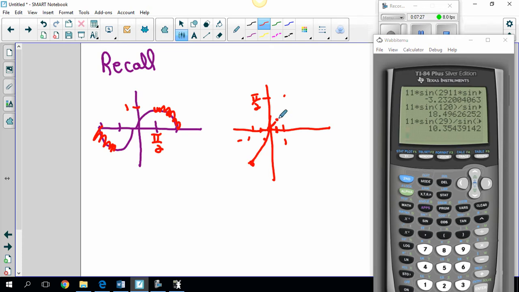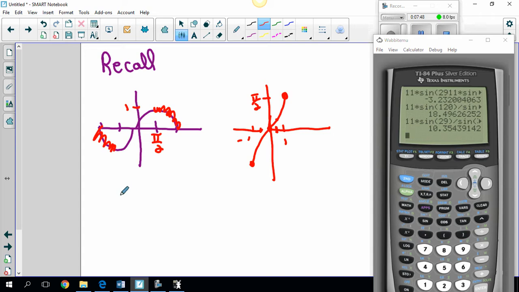Let me see. There we go. Almost got it. Yeah, it kind of looks like tangent, only it stops. There we go. 1/2, 30. Yep, that's what it looks like.